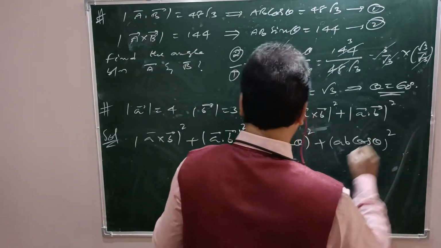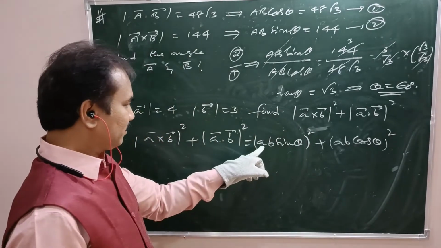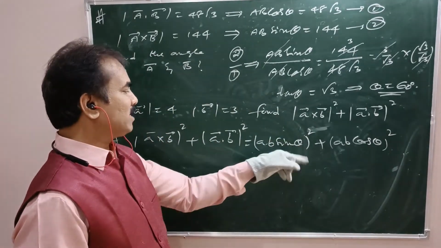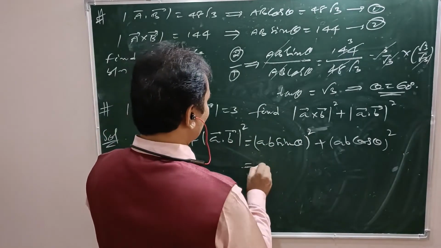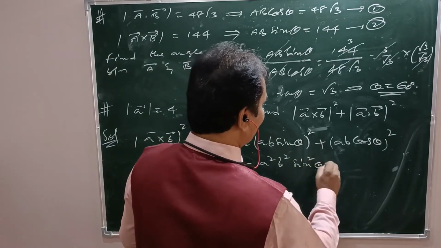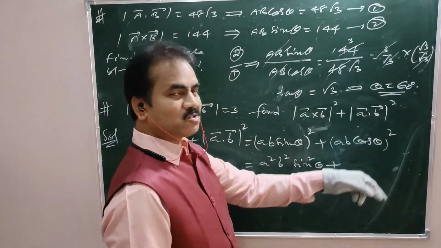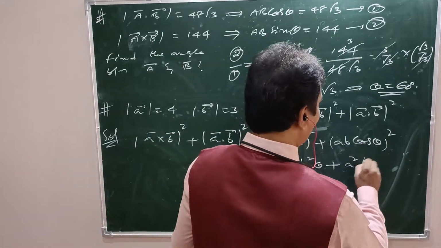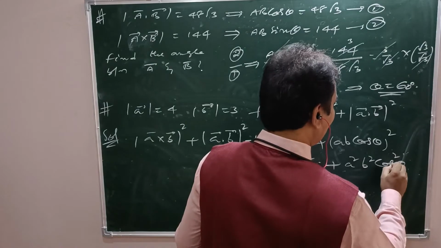That is equal to a square b square sin square theta plus a square b square cos square theta.